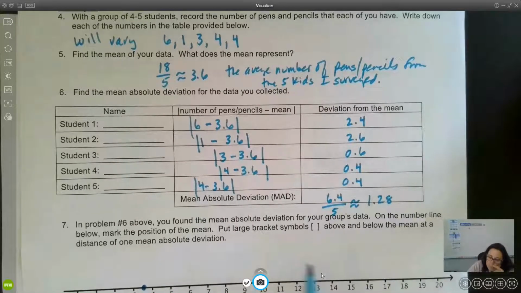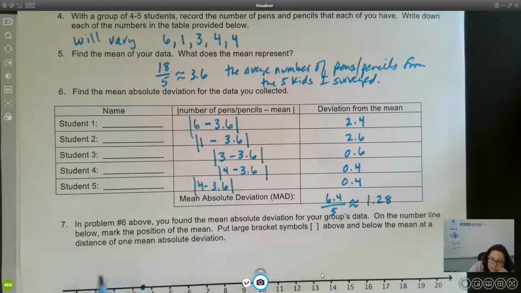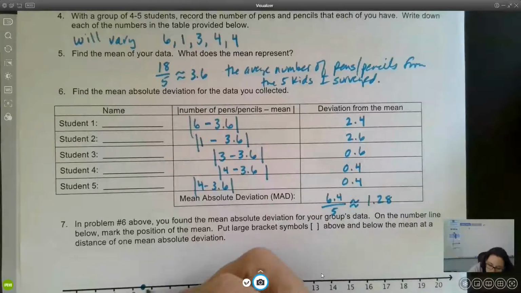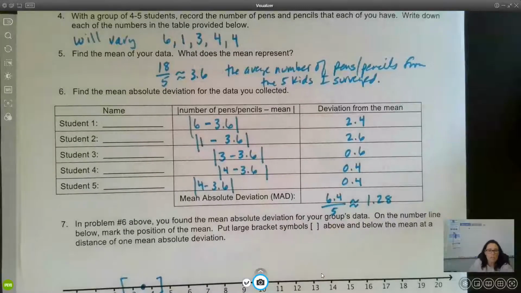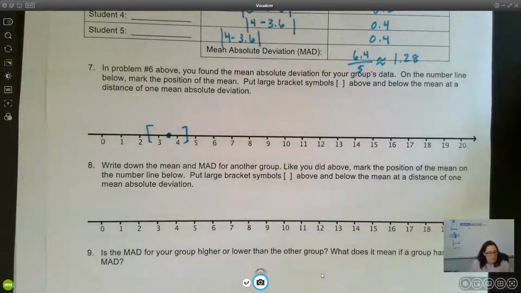And then it says, put large bracket symbols above and below the mean at a distance of 1 mean absolute deviation. Okay, so if I go 1 away from this, I'll be here and I'll be here. Whoops, let me switch that up. Sorry, guys.